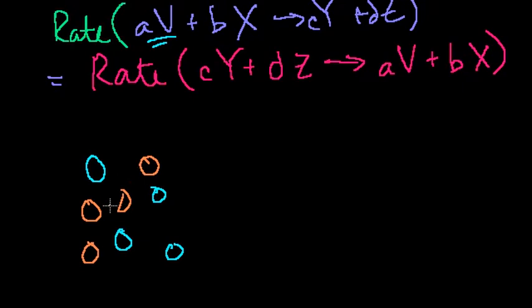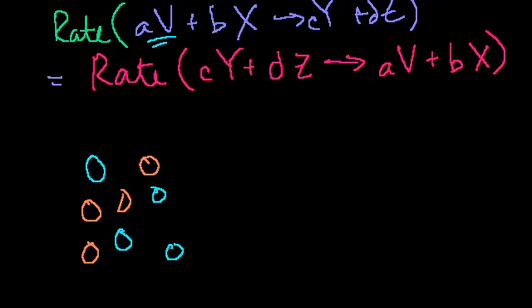So there's got to be B of these X molecules, and they have to be in the right configuration and in the right place and close enough in order for the reaction to happen. So the reaction is really going to be driven by, if you think about it, the probability of finding A V molecules and B X molecules all within close enough confines that they can actually react.